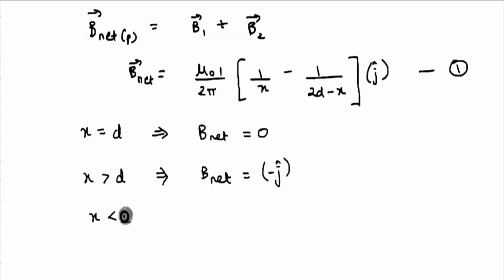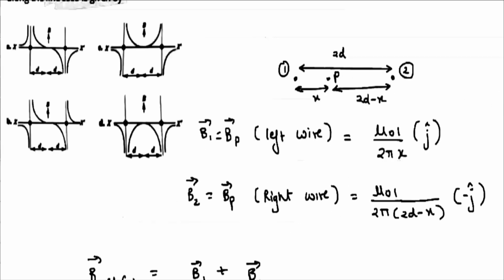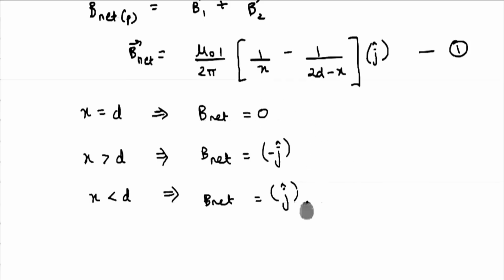And if x is less than d, the net magnetic field at point P will be along the positive j-axis. So using these three results, we will check the options.